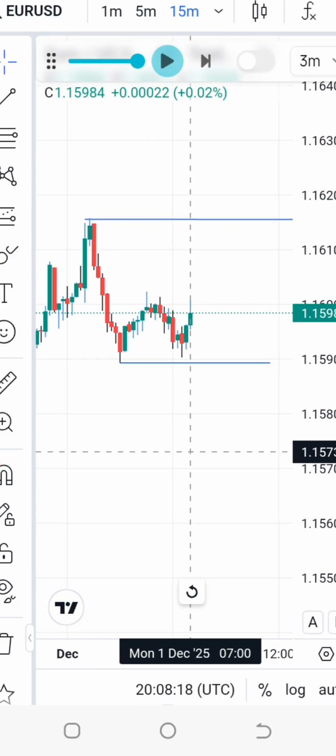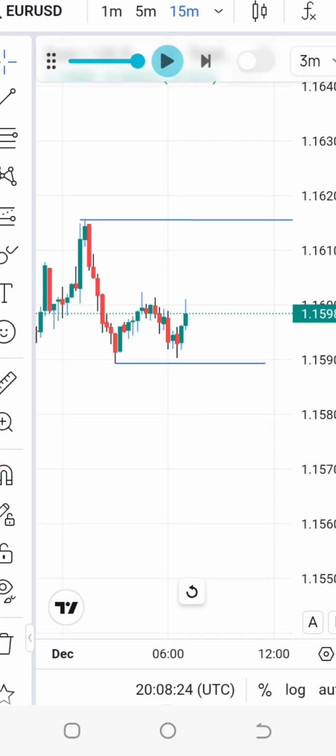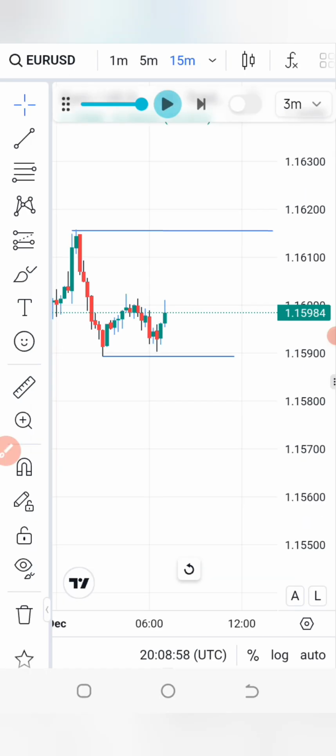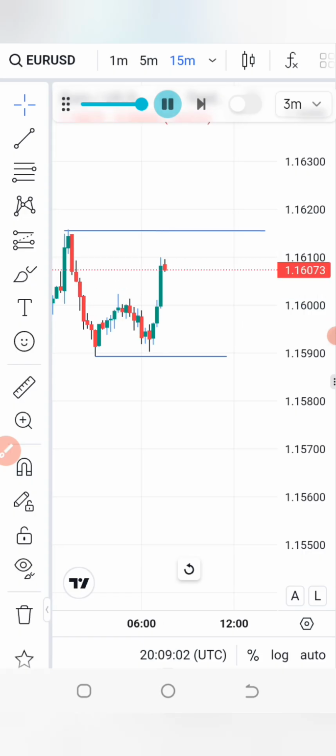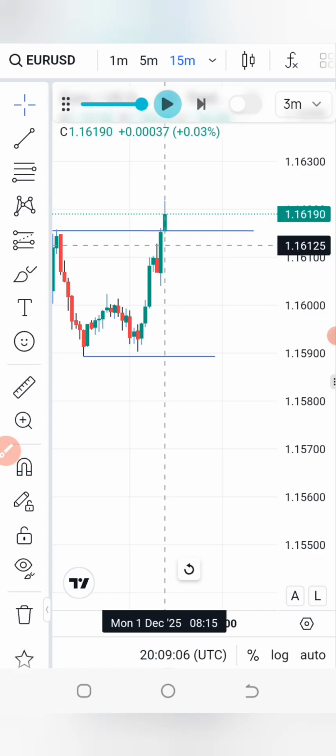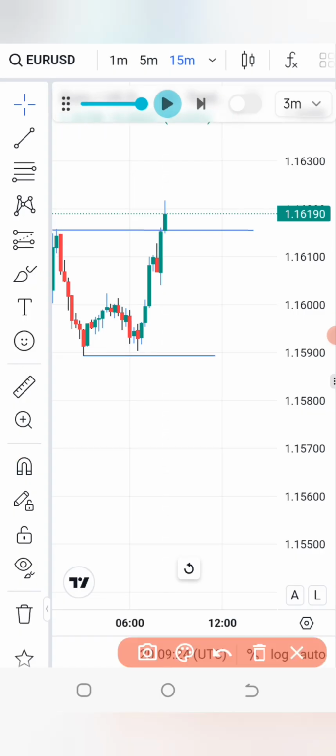But sometimes it happens anywhere between 7 a.m. to 8 a.m. So this is the Asian session. I have a rule that I look for London to sweep Asia. So let's see what happens. London has swept Asia. Now this blue line right here is the point of interest.